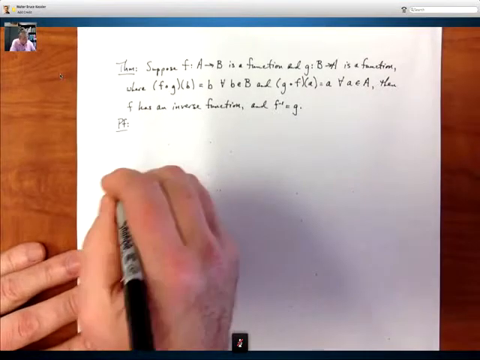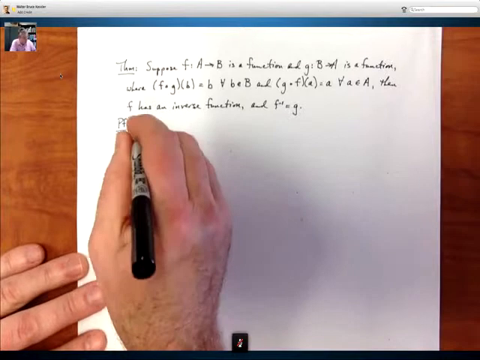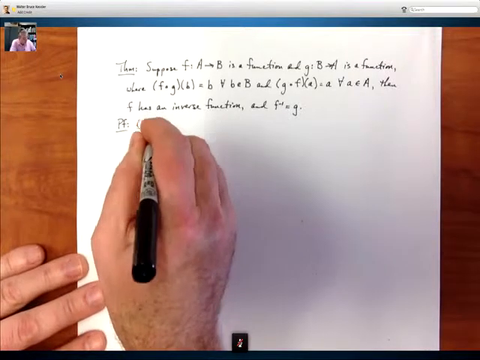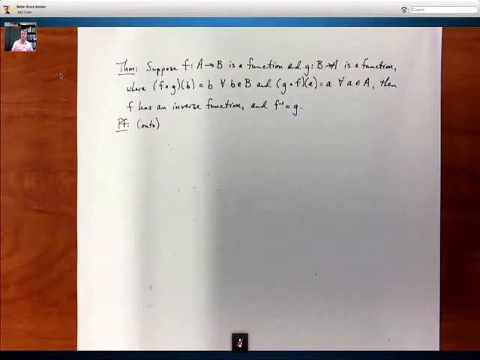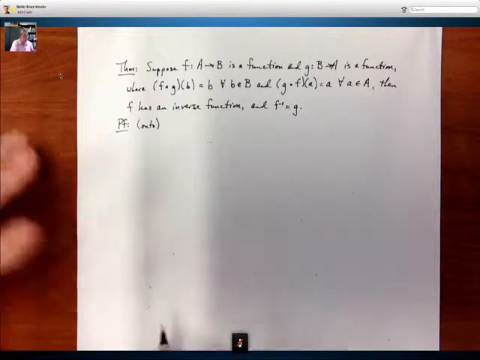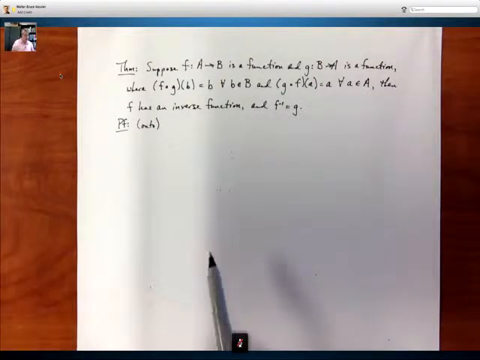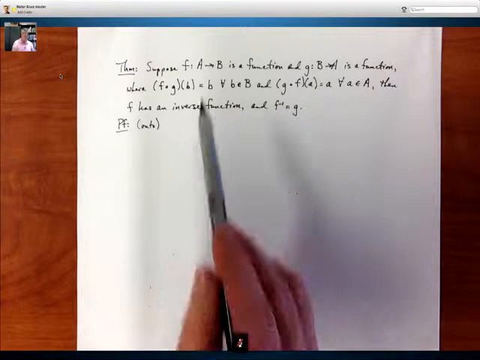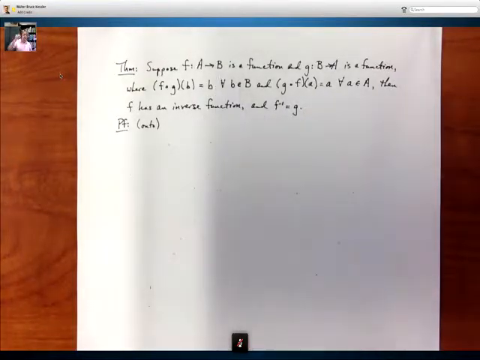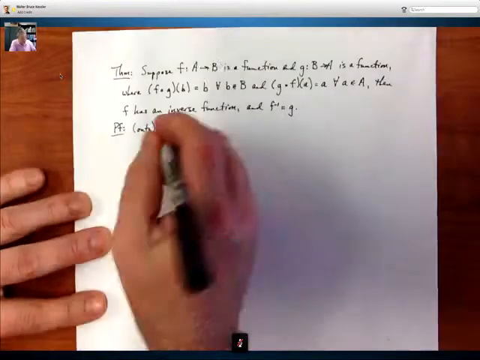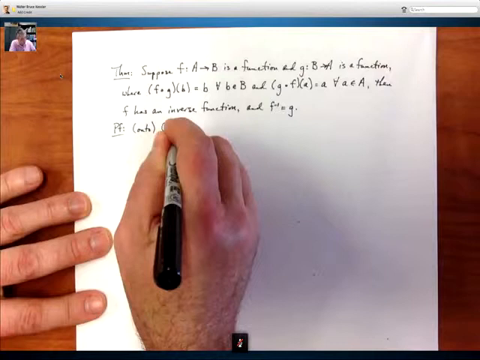So let's set about here on our proof, and I'm going to start with onto. Okay? To show that it has an inverse function, I'm going to show it's onto and one-to-one. Okay? So onto, I take a general thing in B and show that I can find an element in A that gave me that B. Okay?